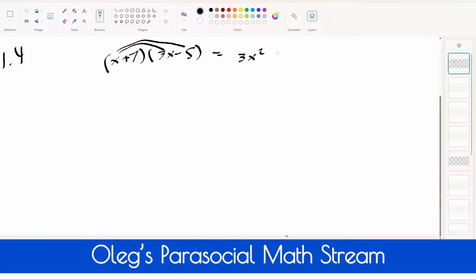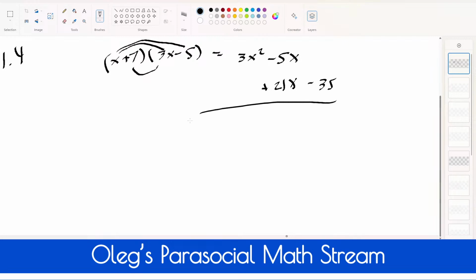So we have 3x squared minus 5x, and then plus 7x, plus 21x, and then there's minus 35. By the way, notice how I offset it?